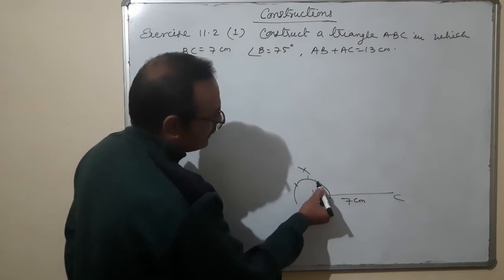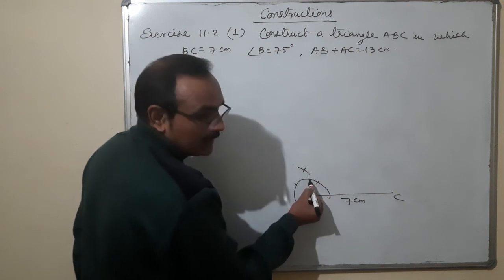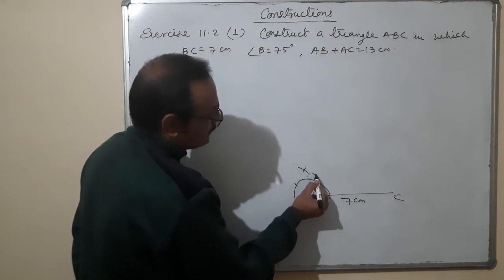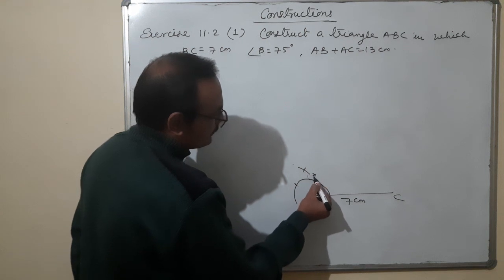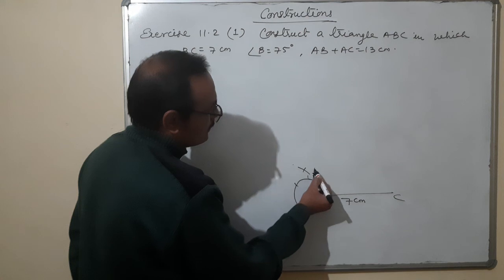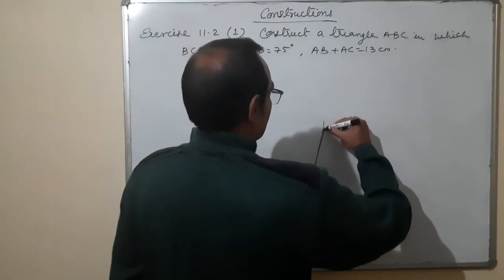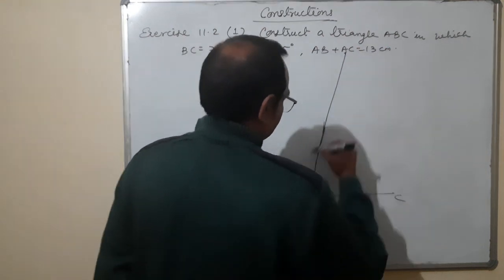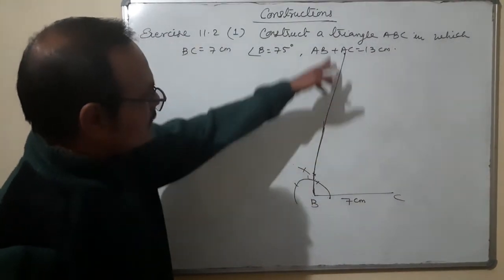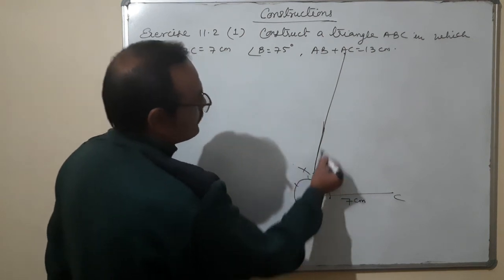This is 90, this is 60, and between 90 and 60, this is 75. You can produce it to here. This angle is 75 degree.